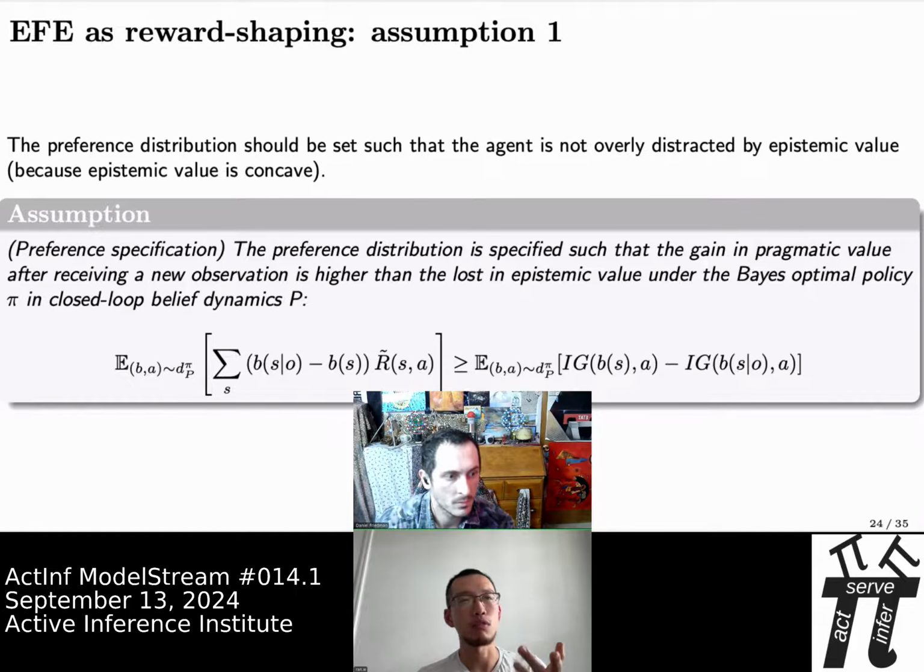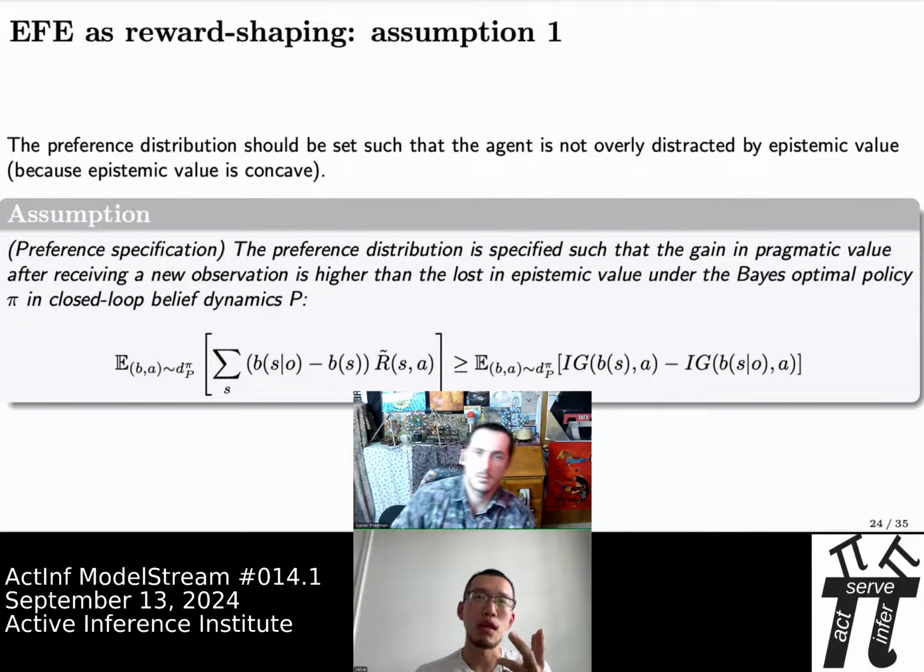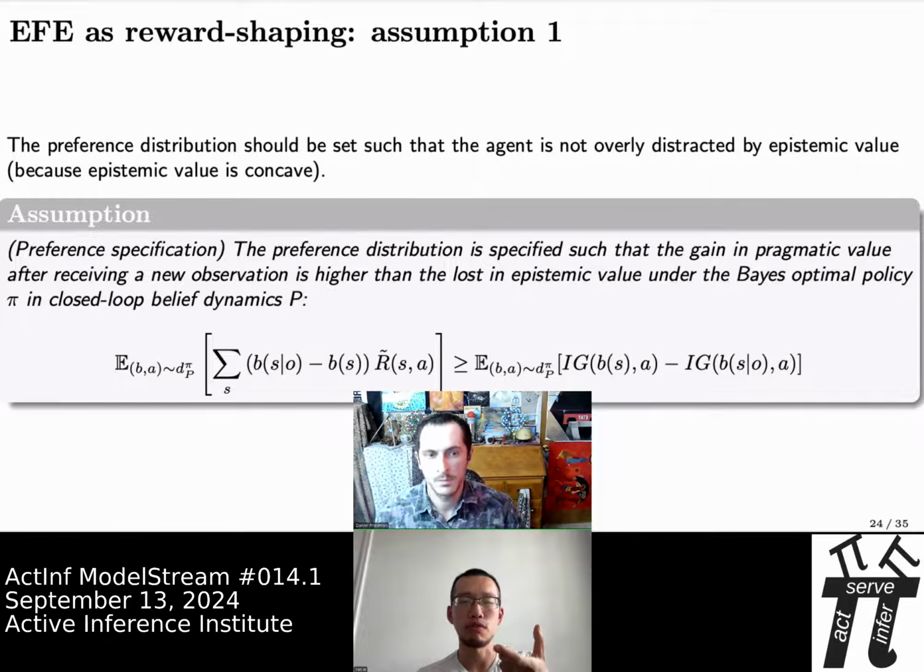So basically, if you end up in a situation where your variational free energy, which quantifies the accuracy of your predictive model, decreases, which means that you're starting to observe signals that constantly violate your model of the environment, then you would choose actions in a way that's more stochastic.